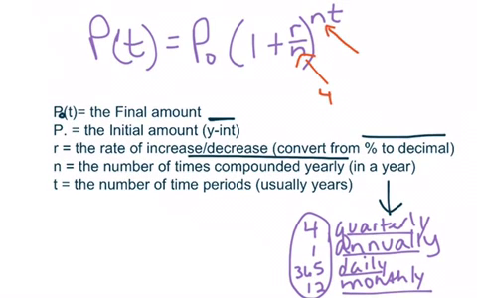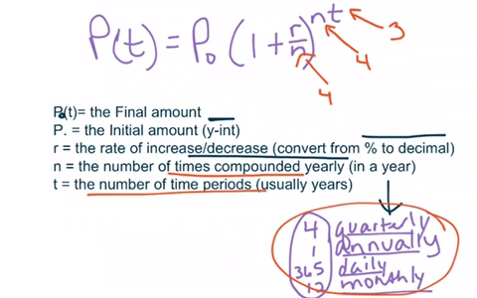But since it's going to be in the account for 3 years, the T becomes 3. So it's total number of years that you are in that situation. The N is the times compounded, which are these words down here.